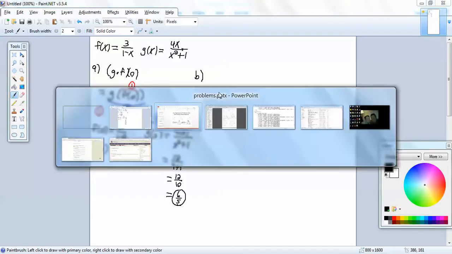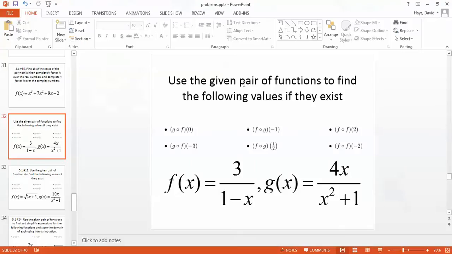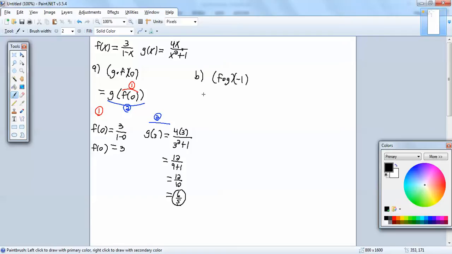Now B. We'll find the composition of f of g, or composition of f and g of -1. So we're going to find f of g of -1. We're first going to focus on the inner. So we'll find g of -1.